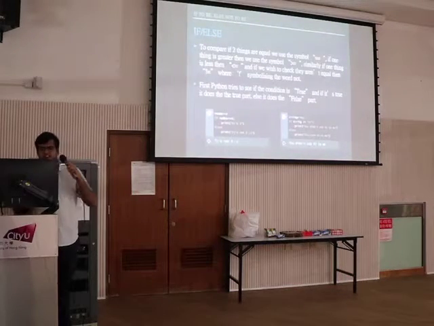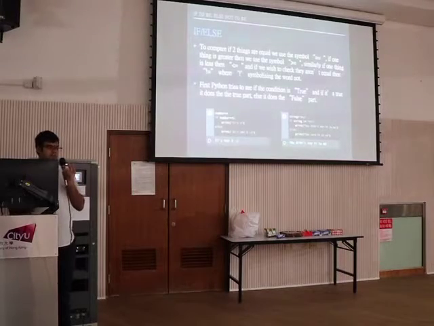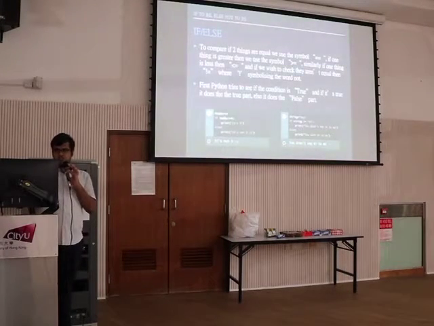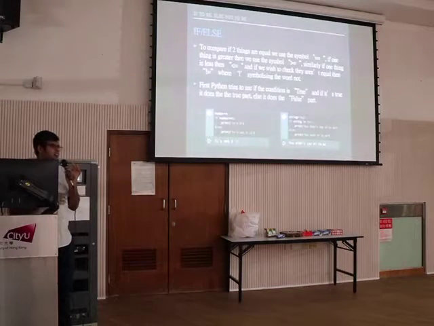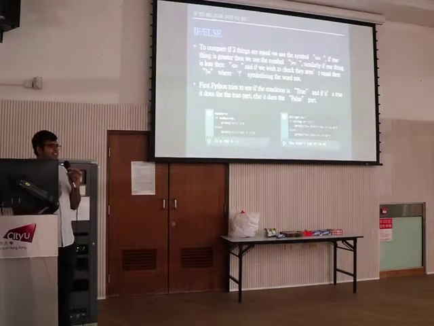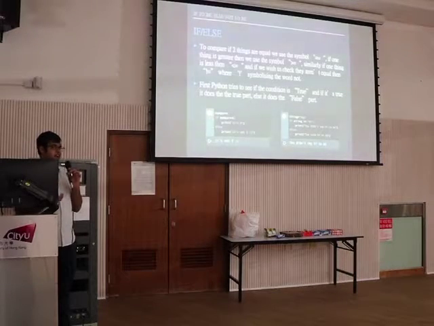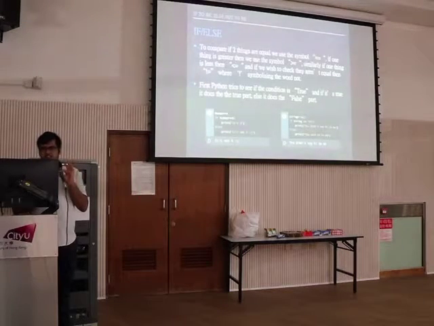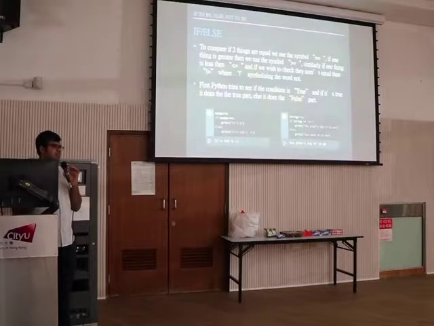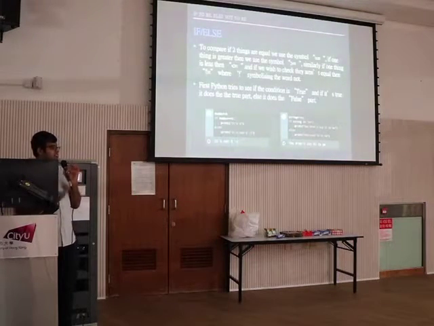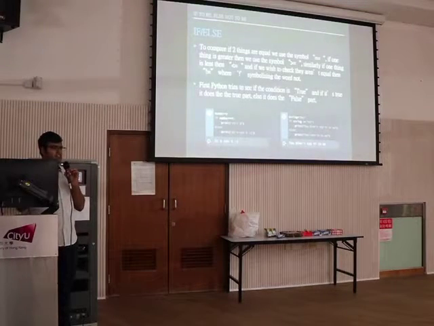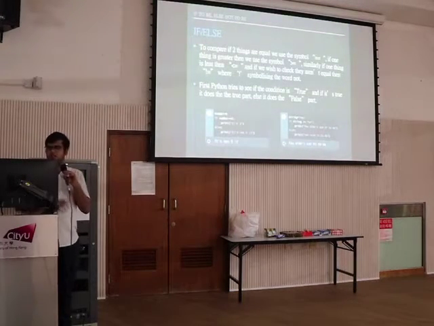There are some symbols that we use to compare. We use the double equal to sign, which we read as equal to, because that is telling Python to check if one thing is equal to the other. We do not use a single equal to because we have already used the single equal to assign a value to a variable.